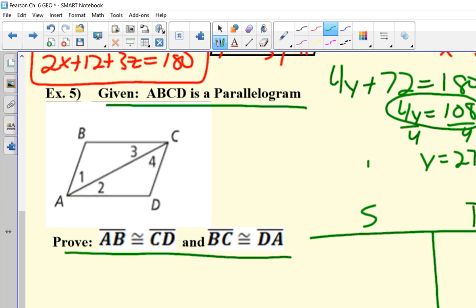Okay. So ABCD is a parallelogram, and we need to prove that AB is congruent to CD and BC is congruent to DA. And you guys that are really smart and got this, well, they should be congruent if you're telling me it's a parallelogram, but we have to go and prove it.